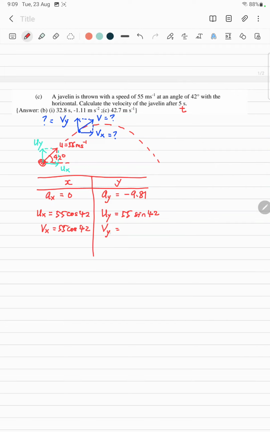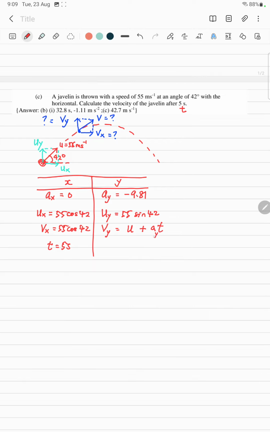For velocity component Y, dia adalah varies with time sebab kita ada acceleration due to gravity. So kita nak cari velocity ni at time 5 second. So our time is 5 second. So I already know the A, U, V, T. So saya nak cari V, saya boleh guna kinematic equations. V is U plus AT.